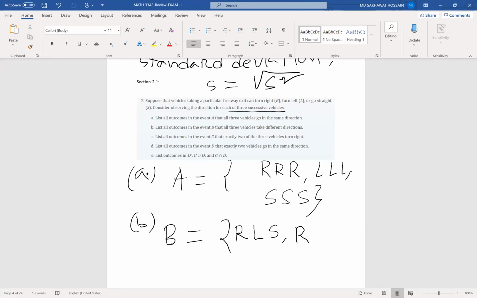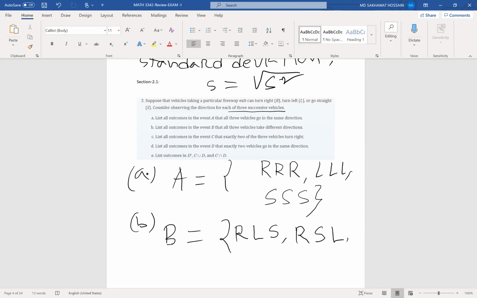The easy way is to start with one letter and finish all the possible outcomes with that letter. I started with R. If the first one is R, the second could be L or S. We considered L, so the third will be S. With R we can have one more outcome: the first is R, the second is S, and the third is L.